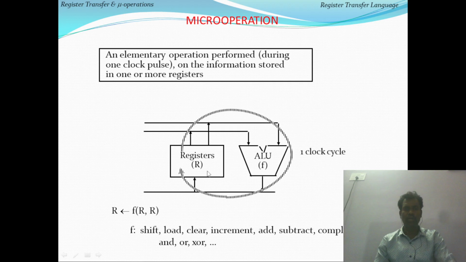But here we have considered only one register attached to the ALU. The register set is connected: register 1 is connected to the first input, and register 2 is connected to the second. It will perform some operation, generate the output, and store it in one of the registers. So any operation like shift, add, load, clear, increment, these are all the basic instructions used to perform huge, bigger instructions.